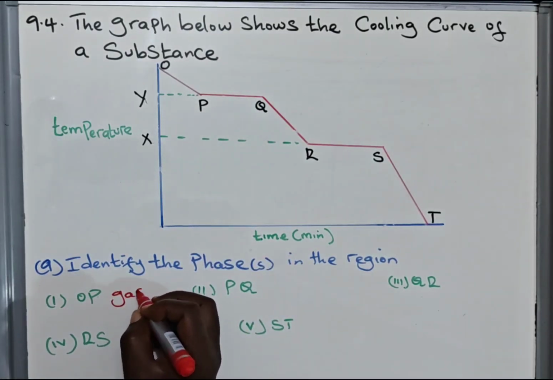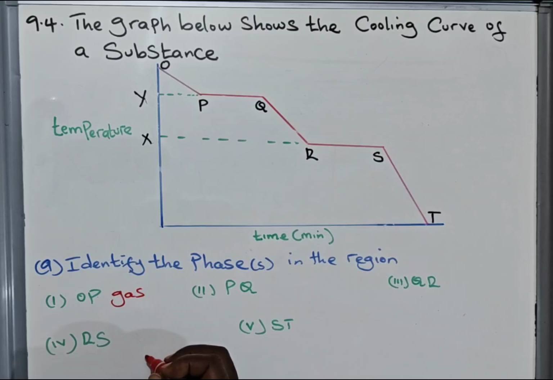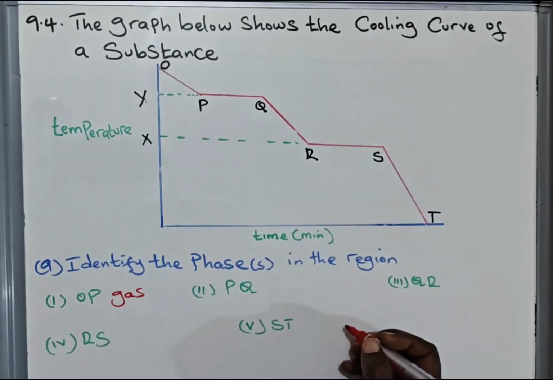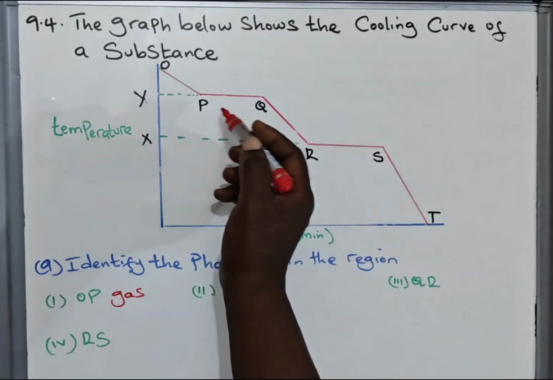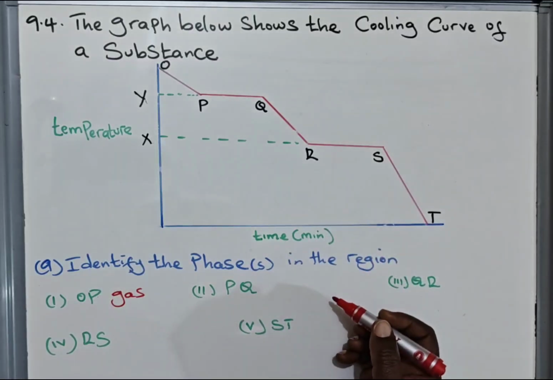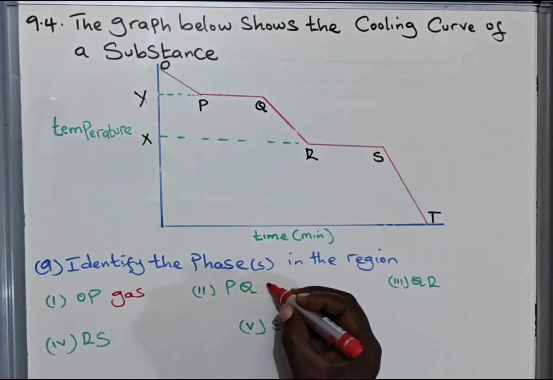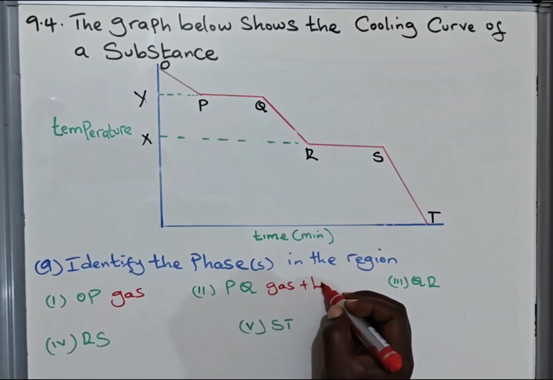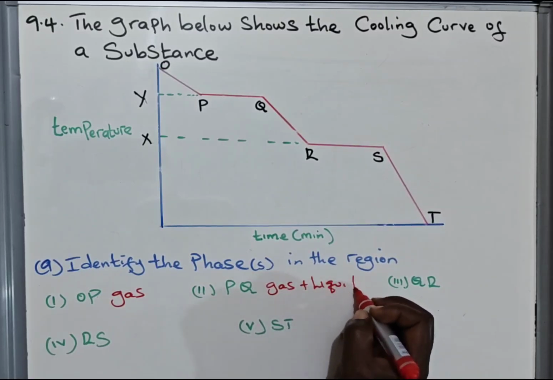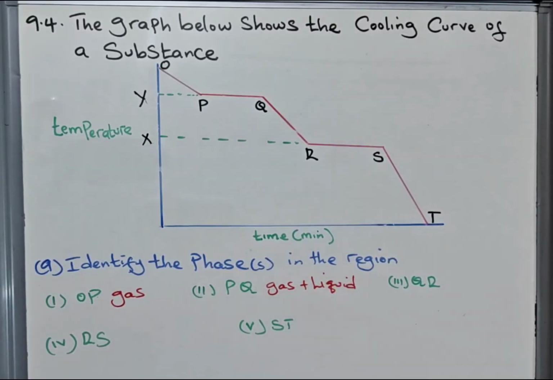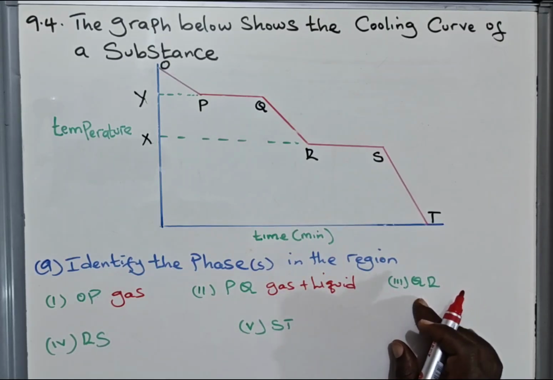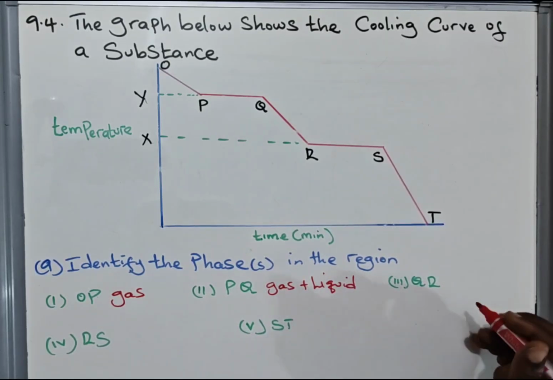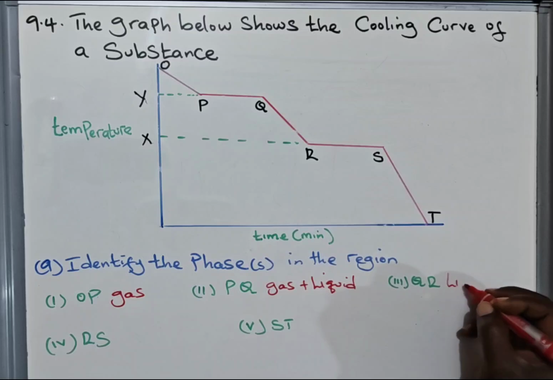It's gaseous phase. PQ, what phase is existing between P and Q? It is gas plus liquid. Both are coexisting. Then QR, what phase is there? It's liquid.